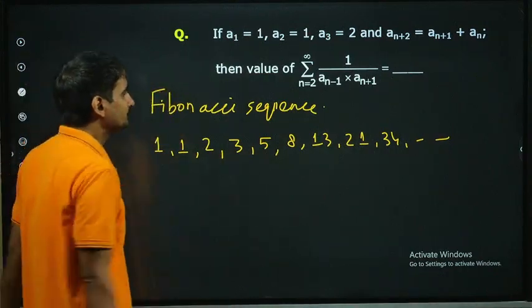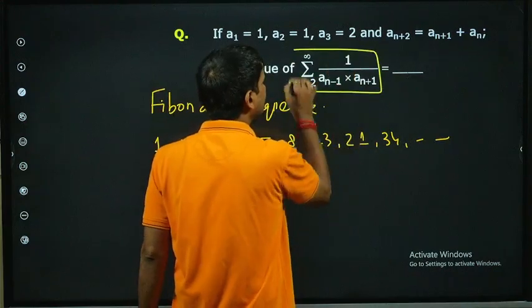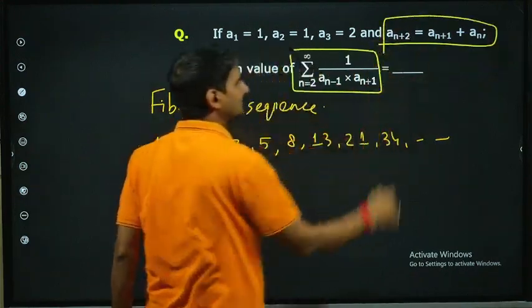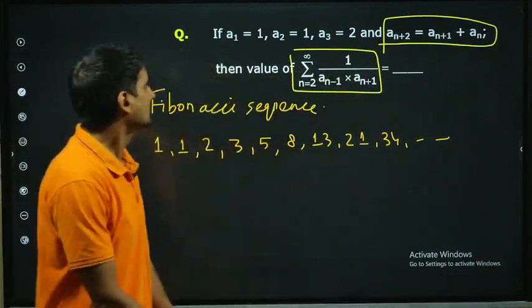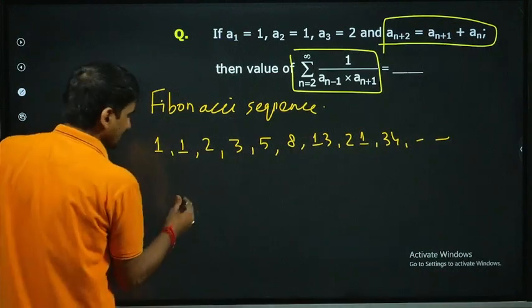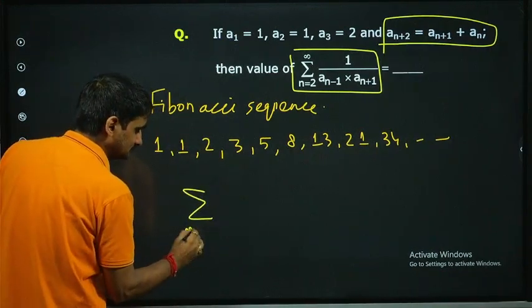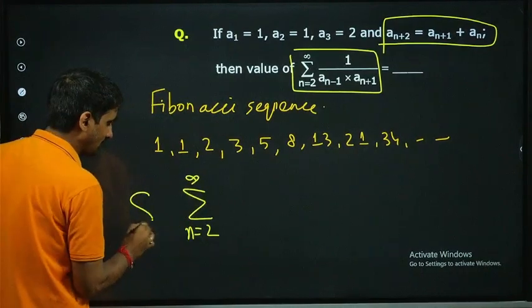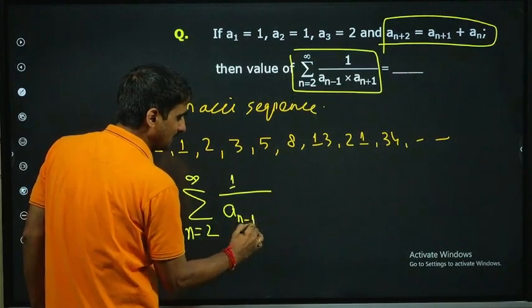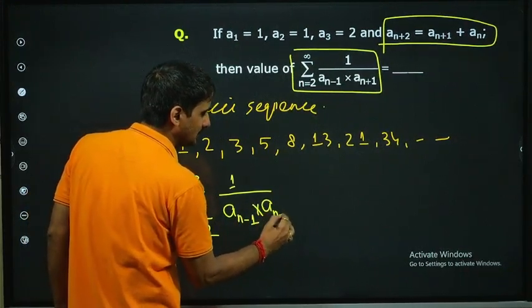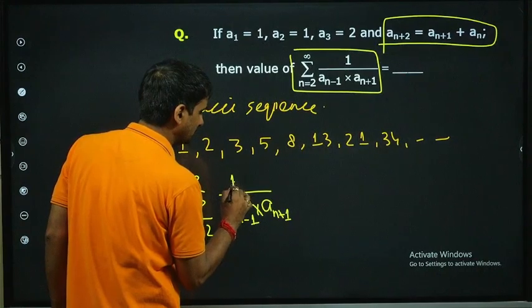Now we have to evaluate it, and we are given this relation. That's how we define a Fibonacci sequence. So what choice do we have if we have to solve this series? Do we have any other choice than trying to break it as the difference of two terms?